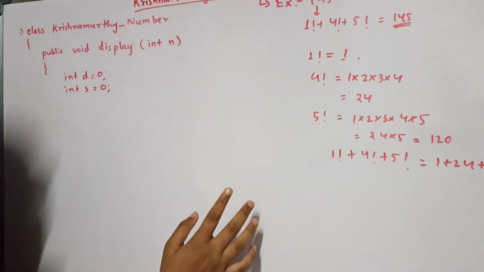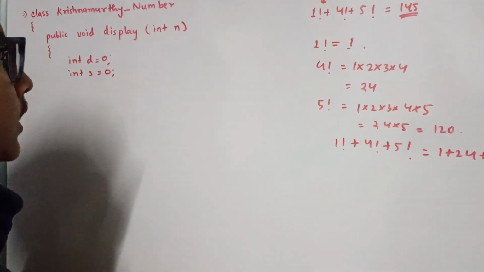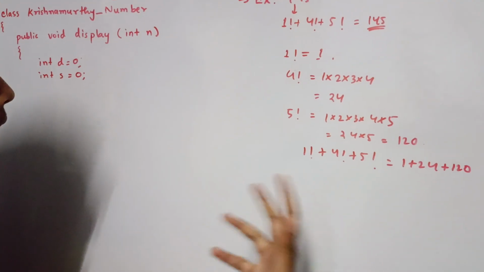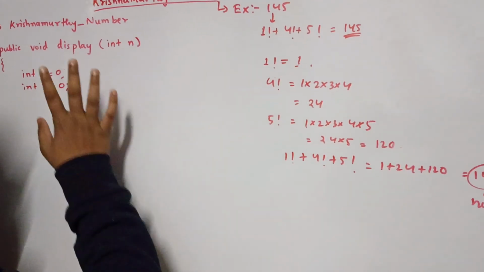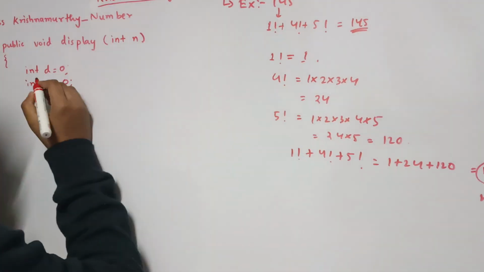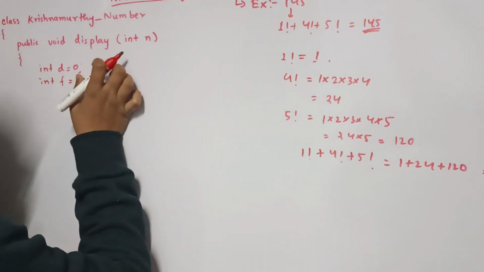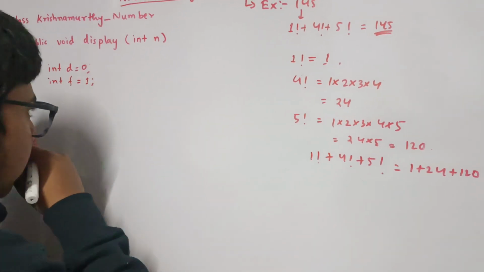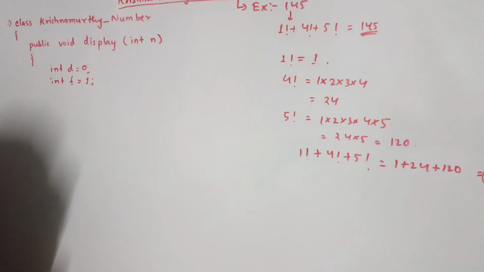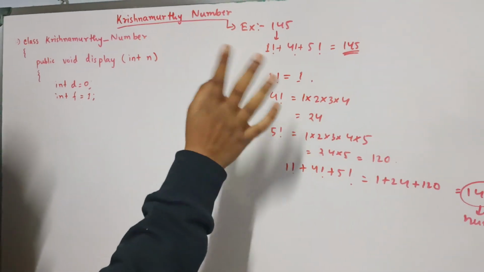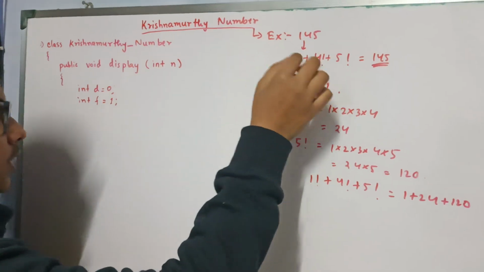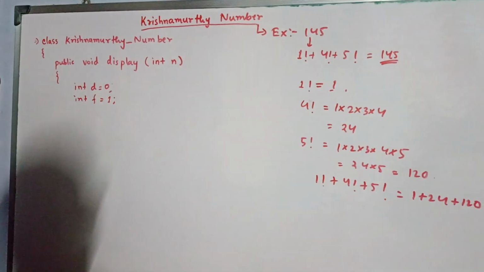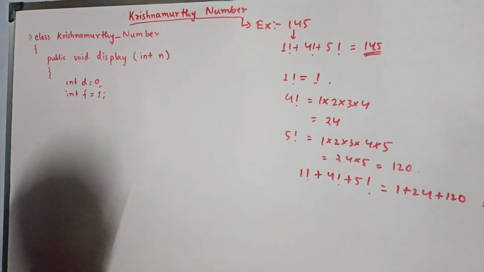So initially we have to extract the digits, then we have to find the factorial of those digits. Let me write this for better understanding: int f will be equal to 1. This is because after you extract each digit from the number, you will find the factorial of each digit.